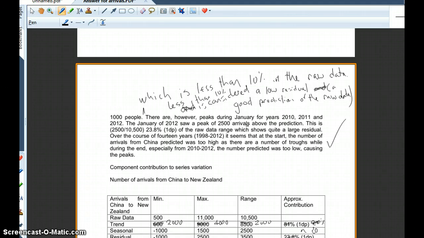Very, very true. Over the course of 14 years, it seems that at the start the number of arrivals from China predicted was too high, as there was a number of troughs, while during the end, especially from 2010 to 2012, the number predicted was too low, causing the peaks. Excellent.